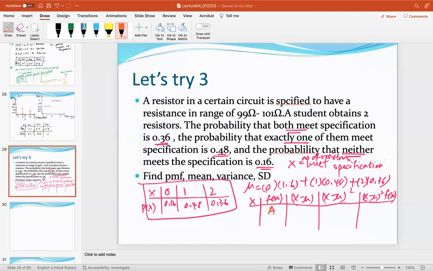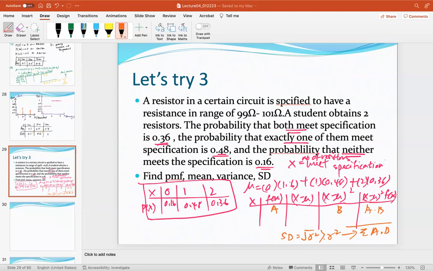This is A, this is B. So A times B, and you have the summation. That is your variance. So how to get your standard deviation? Square root of variance.